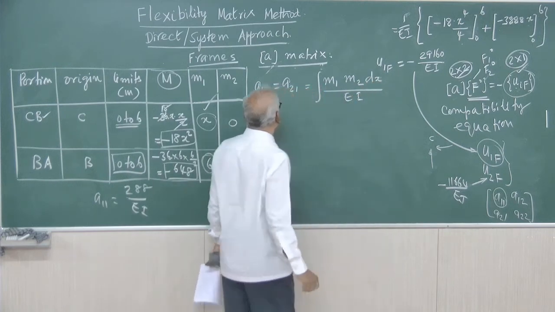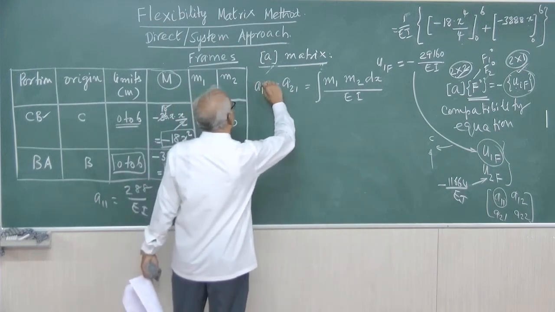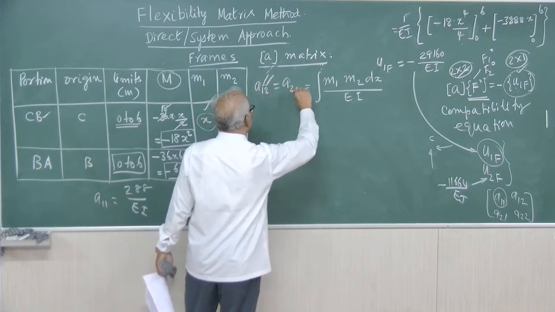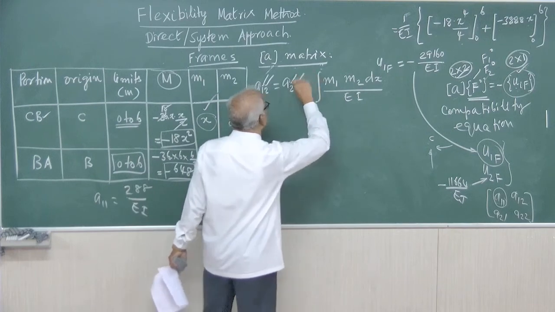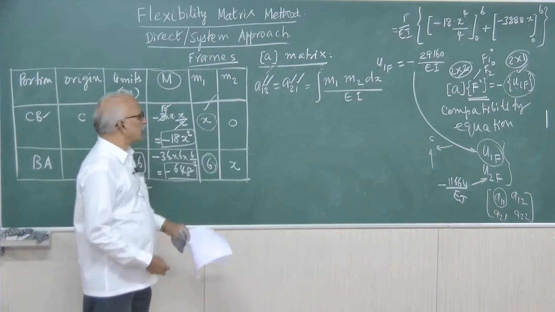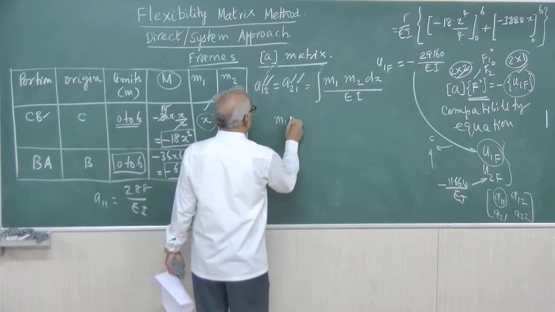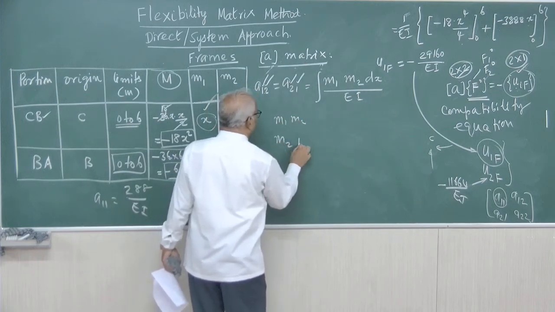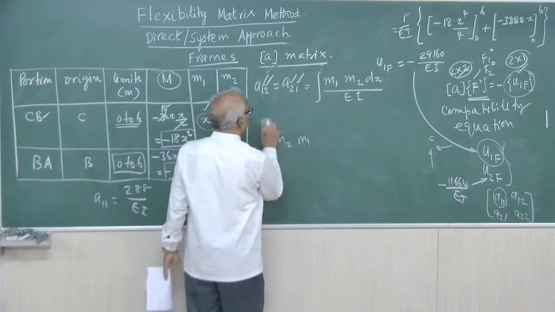This is the displacement at coordinate 1 due to unit force at coordinate 2, or the displacement at 2 due to unit force at 1. They will be equal. The matrix will be symmetric.